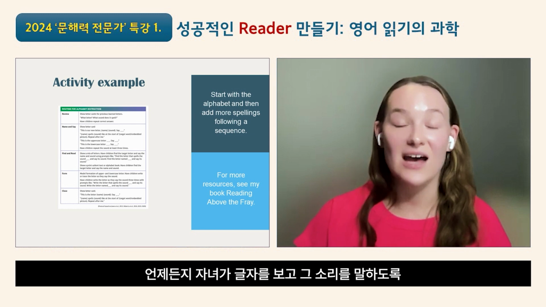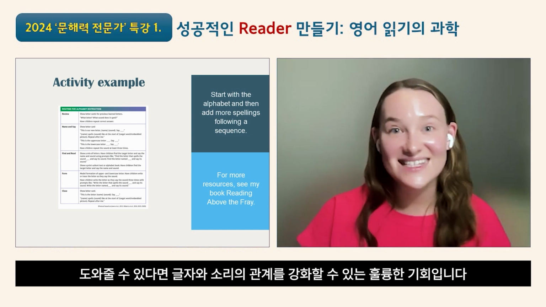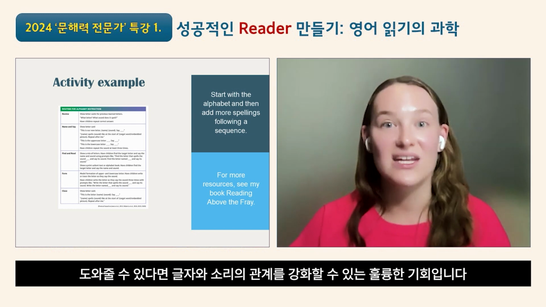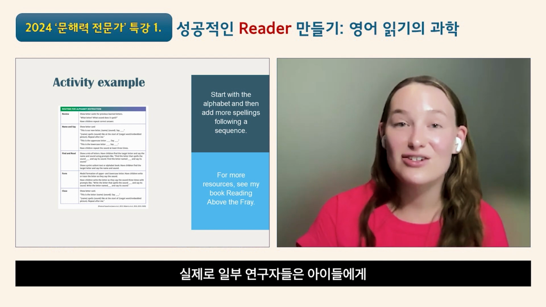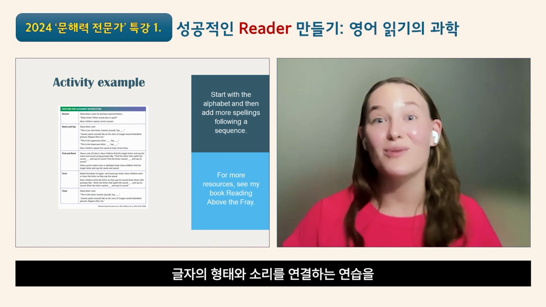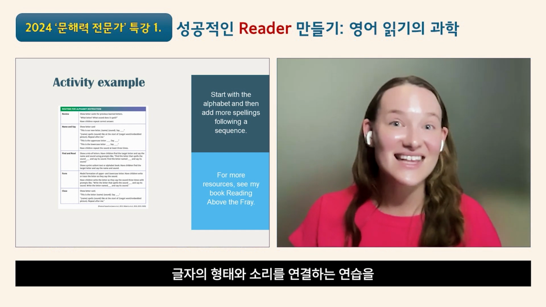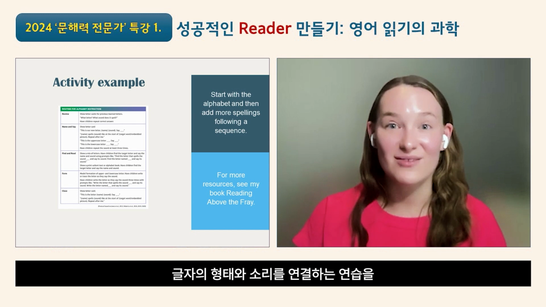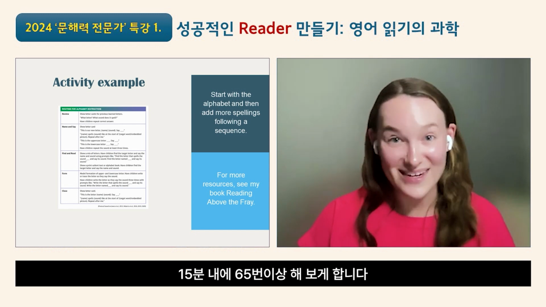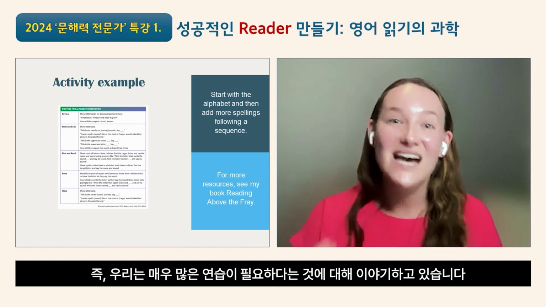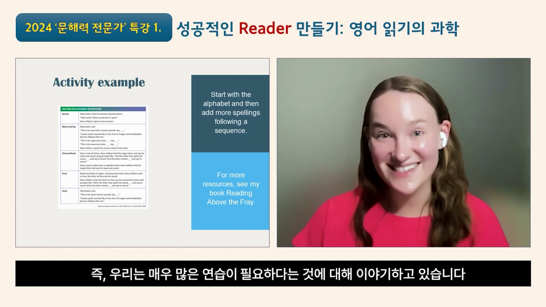Anytime you can help your child look at a letter and say its sound is a great opportunity to strengthen this skill. Indeed, some researchers use protocols where children are practicing connecting the letter's form to its sound over 65 times in 15 minutes. So we're talking about tons and tons of practice.